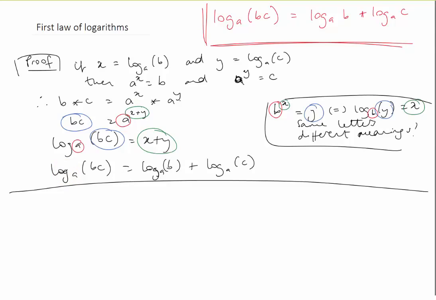So now let's just work through an example to prove to you that's true. Let's imagine we've got log of 10. I haven't written a number for the base here, so let's assume that it's log in base 10.